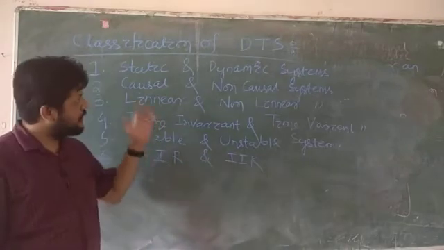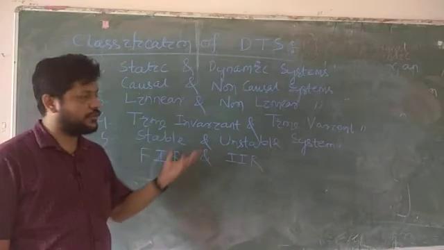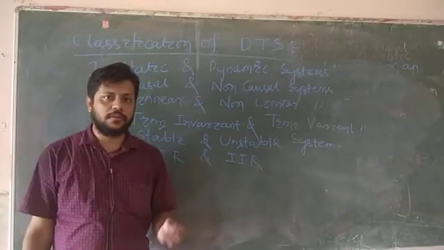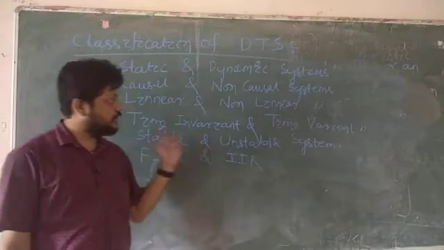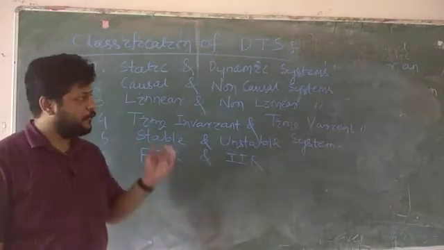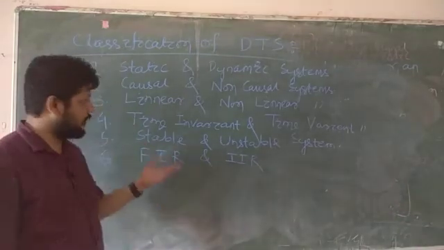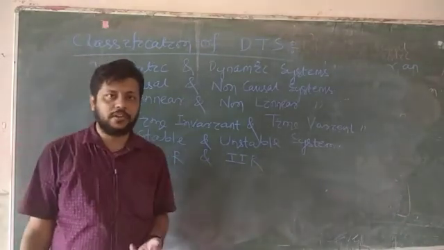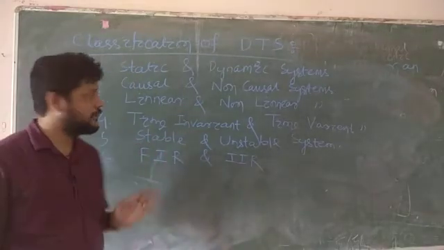This is a very important topic. In theory questions, and in most of the 2 and 5 marks questions, they will ask you for the short definition of these systems, and in mathematics they will ask you to analyze whether the system is causal or non-causal, or verify whether the system is time invariant or time variant. So please pay attention to this.